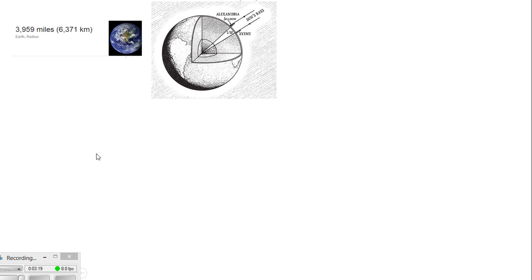We now know it to be approximately 4,000 miles. If we know the Earth's radius, then we know the circumference of the Earth is the radius times 2 times pi. So we figure out that the circumference of the Earth is approximately 25,000 miles.